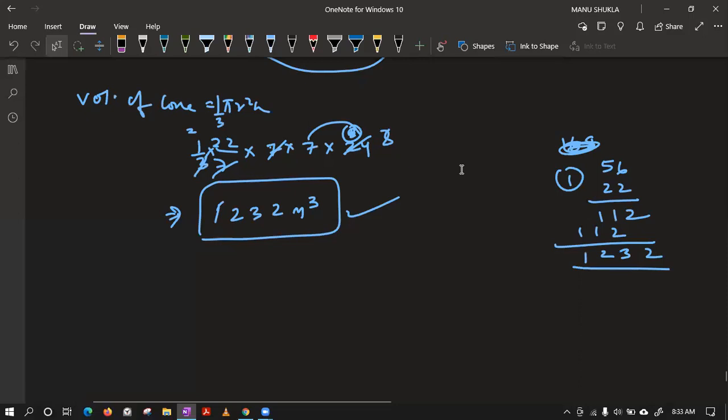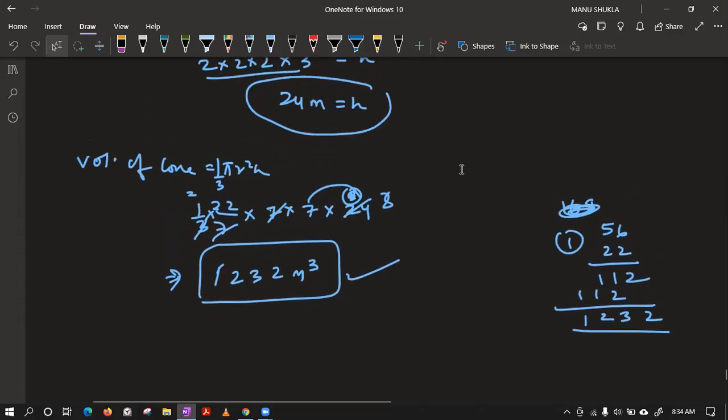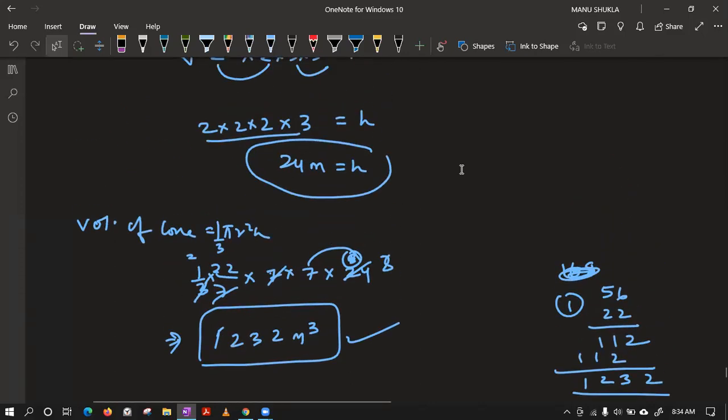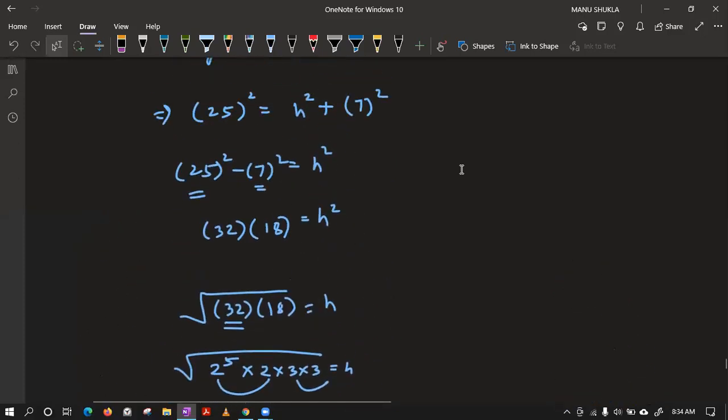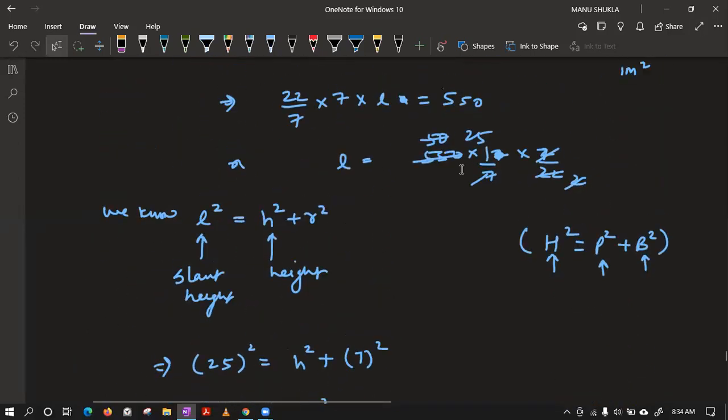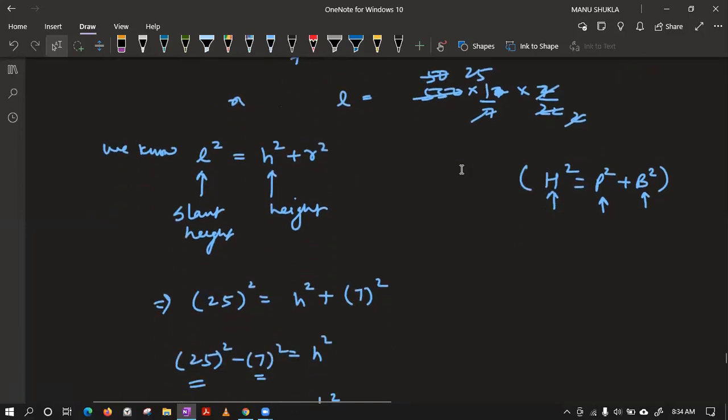Sir, what you got? Not getting, Anuranjan. Please repeat. Okay, L you are saying. Anuranjan, L, I think we have got over here only, na, 25. L was 25.